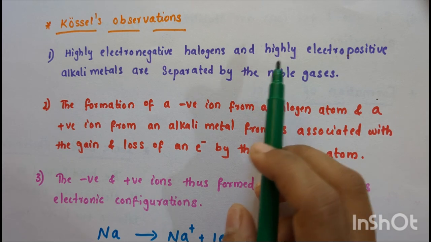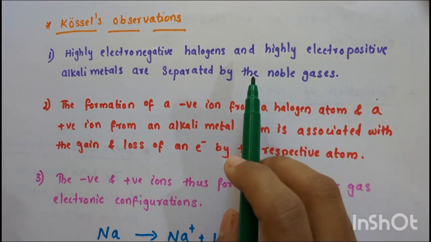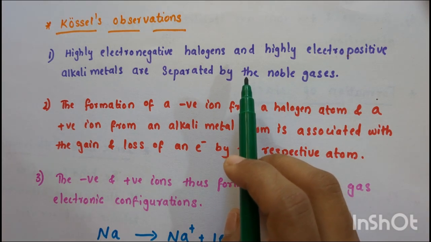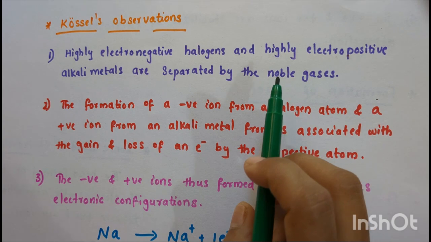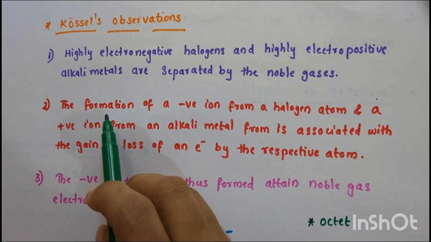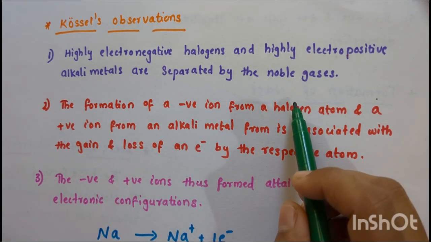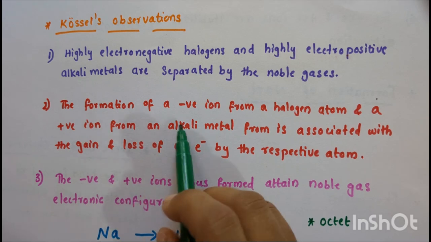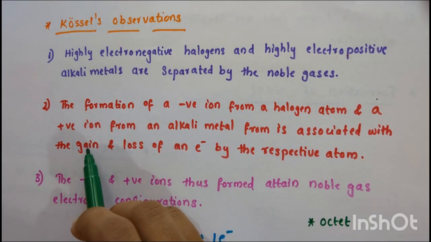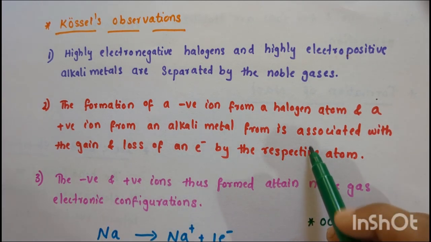That is, the noble gases act as a divide between electron donors, that is alkali metals, which is on the left side of the periodic table, and electron acceptors, which are the halogens, which are on the right side of the periodic table. Now the next observation is the formation of a negative ion from a halogen atom and a positive ion from an alkali metal atom that is associated with the gain and loss of an electron by the respective atoms.